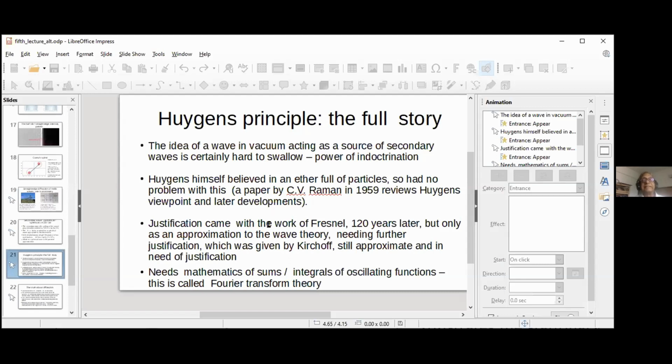Now, the justification that we have seen came in the work of Fresnel, but only as an approximation. And then Kirchhoff, whose name you would have heard in connection with other subjects like heat and current electricity, tried to improve Fresnel's justification. But he was still making some fairly drastic approximations.